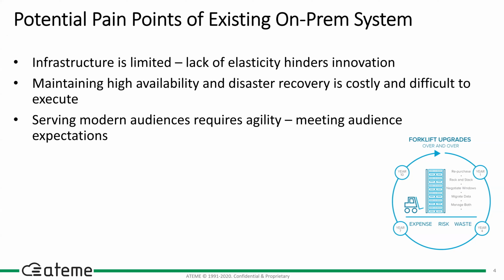Then another problem people run into is maintaining disaster recovery in an on-premise location. They have to maintain 2 geo-redundant sites, and they need to make sure that equipment is running on both of those sites. And part of that infrastructure problem is, if you want to serve modern audiences, right? You have people viewing from TVs, people viewing from iPhones, from iPads.